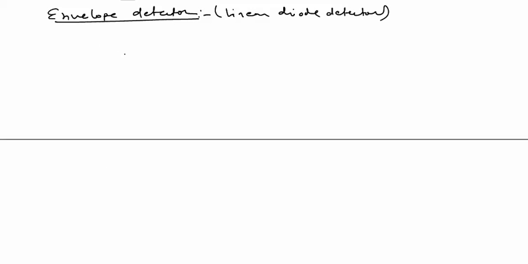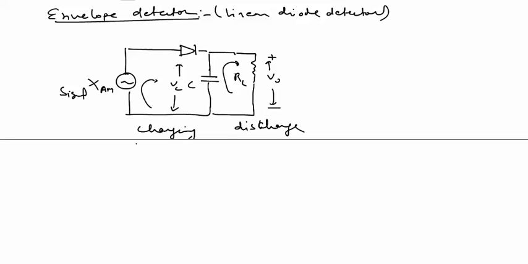The circuit for the diode envelope detector, or linear diode detector, is drawn like this. There are two cycles: a charging cycle for capacitor charge and a discharging cycle for capacitor discharge. There is a large value of load resistance RL.